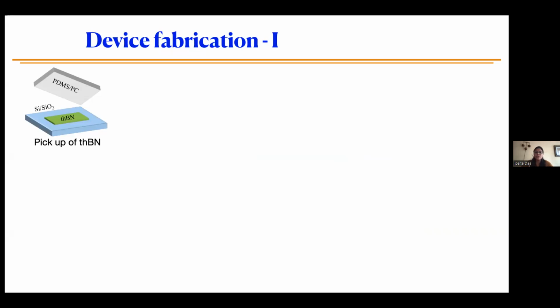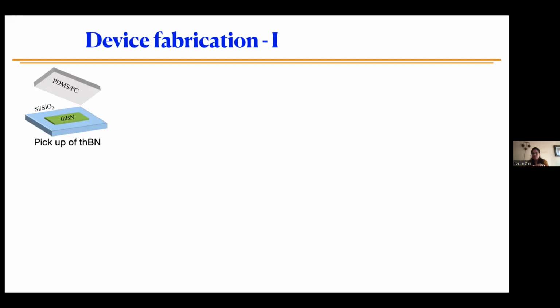You can think of a very smooth surface, your PDMS, and on top of that you put PC. This is a long chain polymer, but very adhesive to these 2D layers, either graphene or hexagonal boron nitride. So you put the PC on top of your PDMS, and then you approach very close to your 2D flake, either HBN or graphene, which is deposited on your silicon oxide substrate.